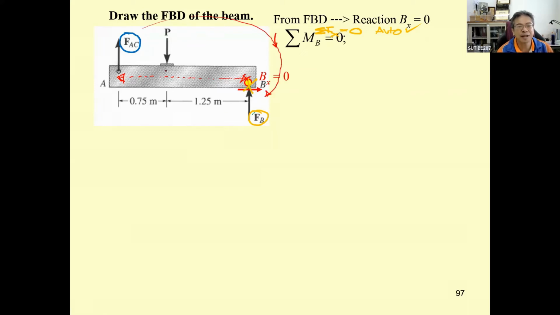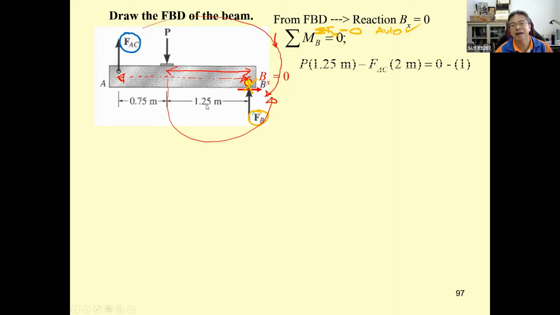The force P, with a moment arm of 1.25, will produce the moment counterclockwise. So the summation of the moment at B equals 0, counterclockwise being positive. So P times 1.25 is positive, and F sub AC times 2 is negative.